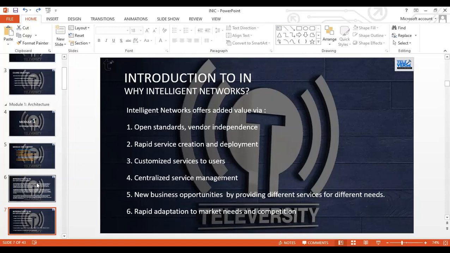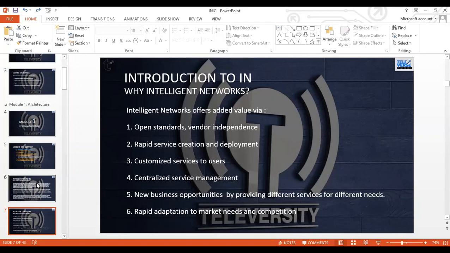It means that one particular group of subscribers who are residing on the Ericsson switch will enjoy that service, and another group who are on the Huawei switch who are waiting for that service to be implemented will not enjoy the service. So there's like vendor dependence. You have to depend on the vendor.